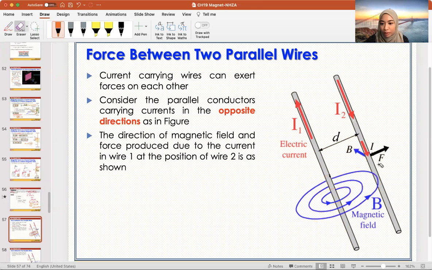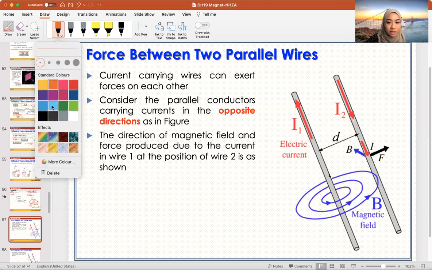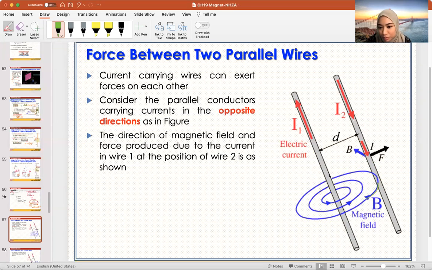Because when I draw it like that, I am actually finding out the direction of my B on this conductor. So here, my B goes like that. Can you see? Even though it goes in a circle, when it reaches my conductor, it is actually in this direction, into the page.